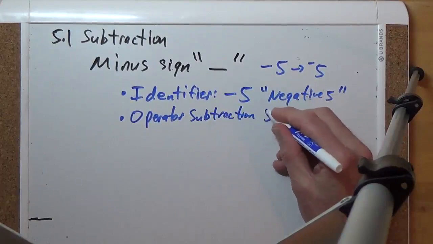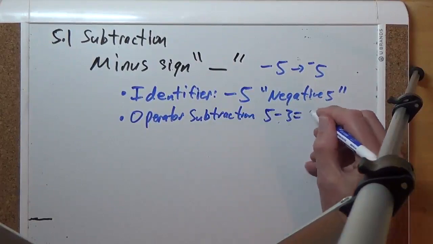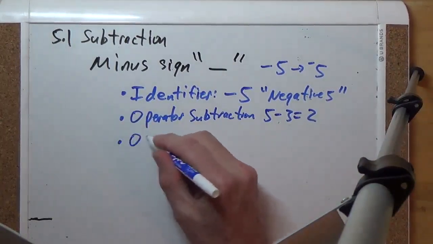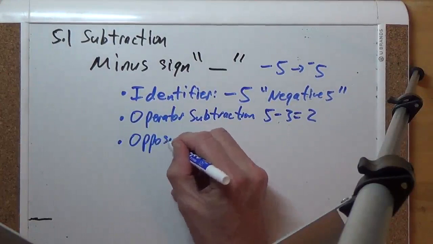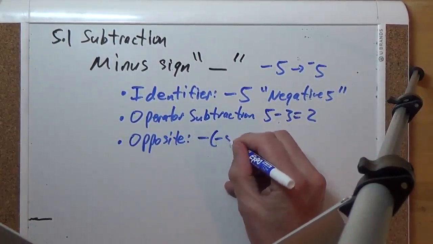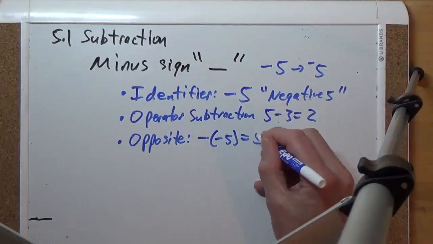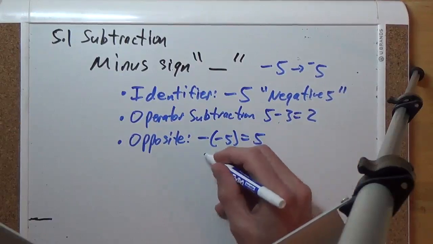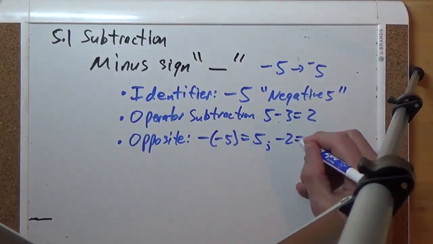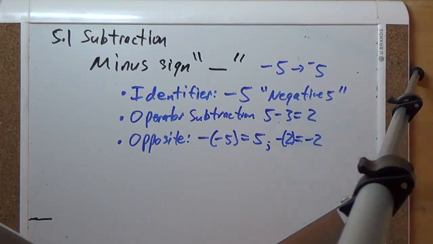So if we put it between 2 numbers like this, we know we're doing the operation of subtraction. It also means opposite, meaning the opposite of -5 is +5, or the opposite of 2 is -2.